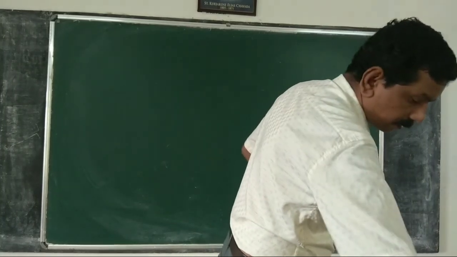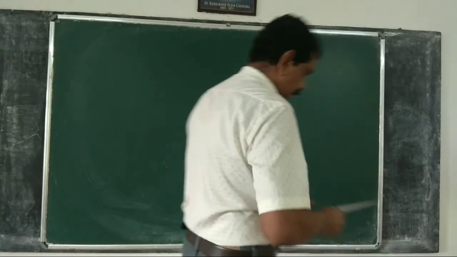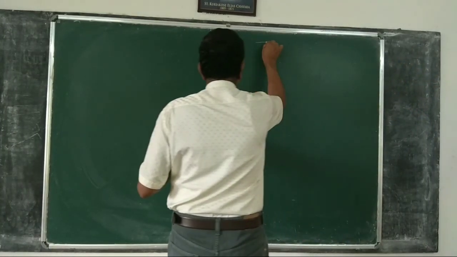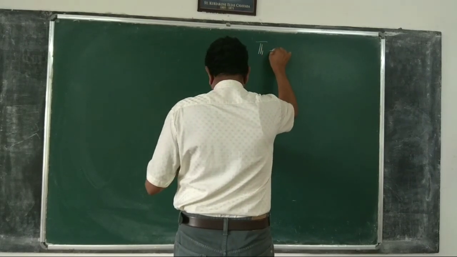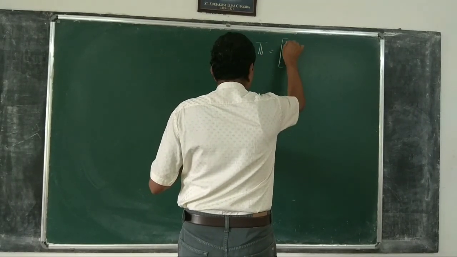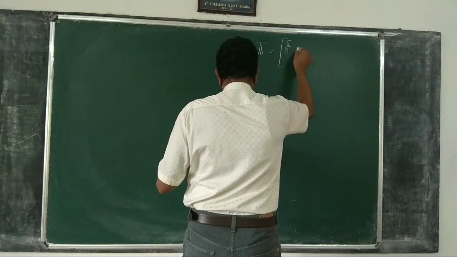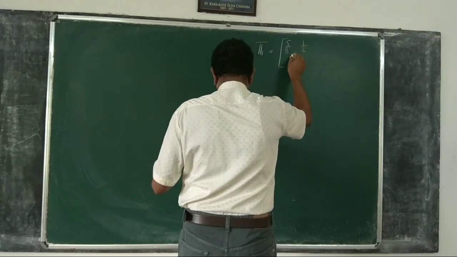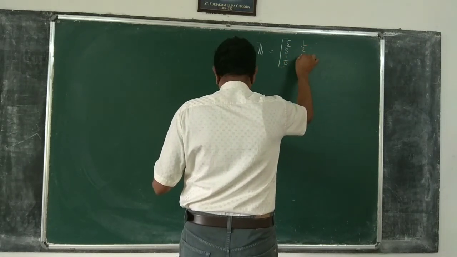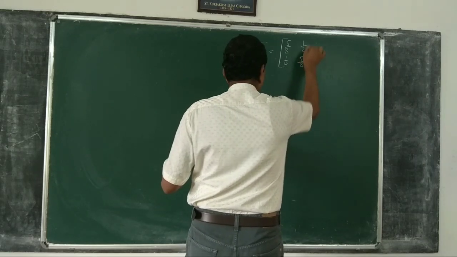Suppose that pi1 is given as the matrix with rows 5 by 8, 1 by 2, and 1 by 4, 5 by 8.